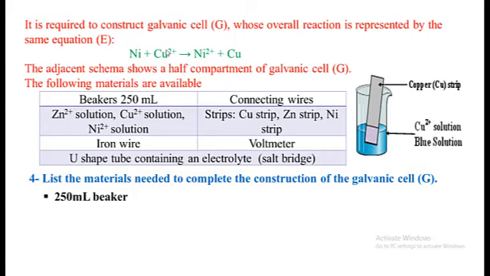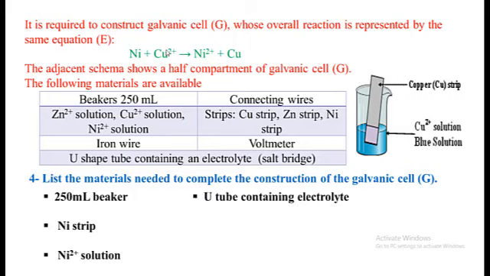Now we need the other compartment, which is the Ni strip, should be dipped in Ni2+ solution because every strip is dipped in its own solution. U tube containing electrolyte, which is the salt bridge, which is the orchestra of this galvanic cell. Without it, the galvanic cell will not work, and the connecting wires and the voltmeter.